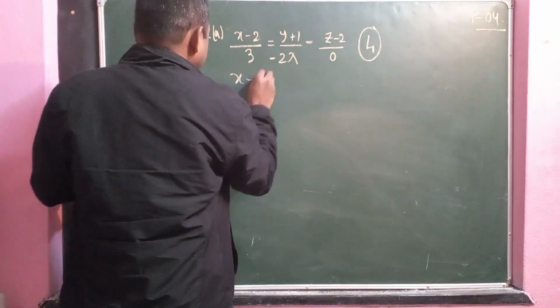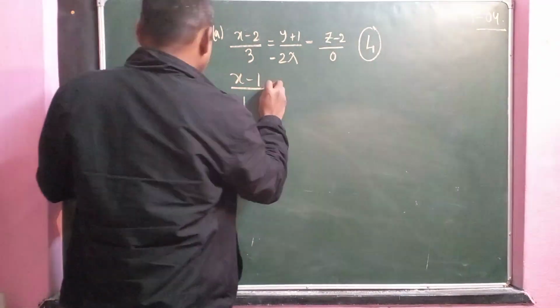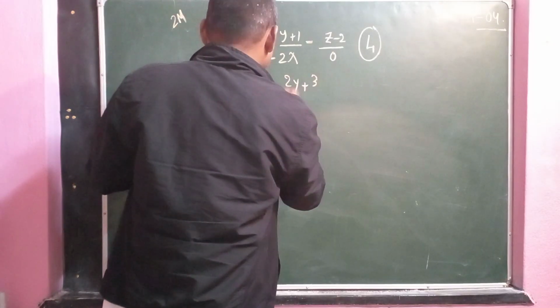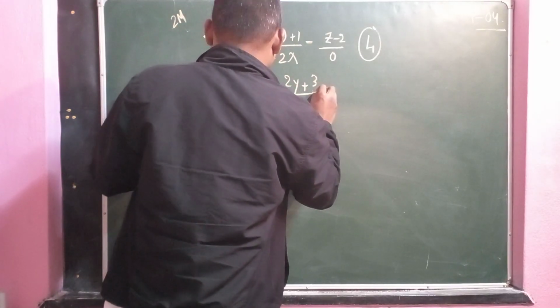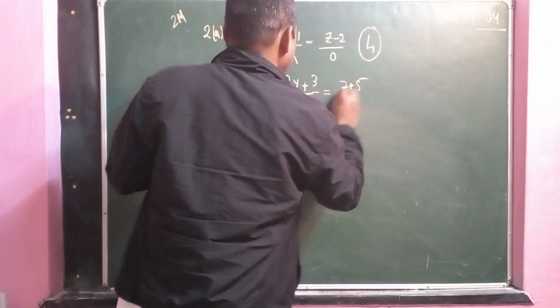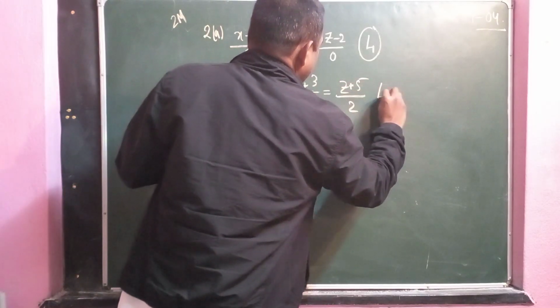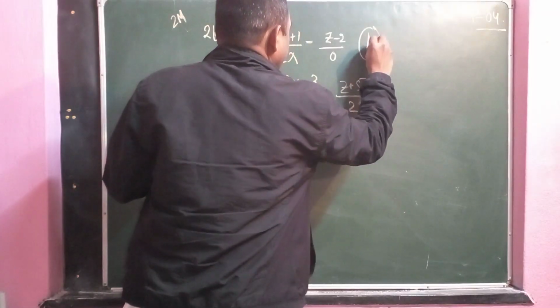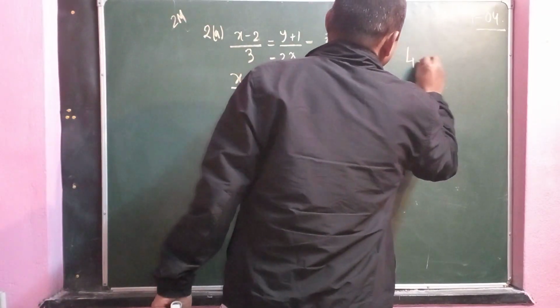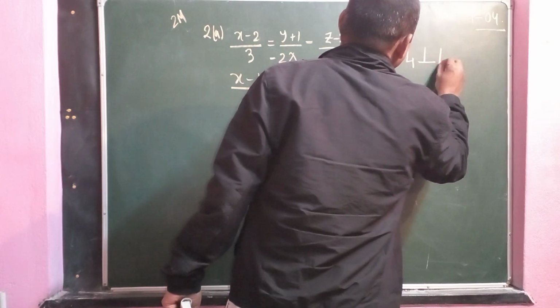Another straight line is (x minus 1) by 1 equals (2y plus 3) by 3 lambda, that is (z plus 5) by 2. This is L2, the second straight line equation. And L1 and L2 are given as perpendicular.